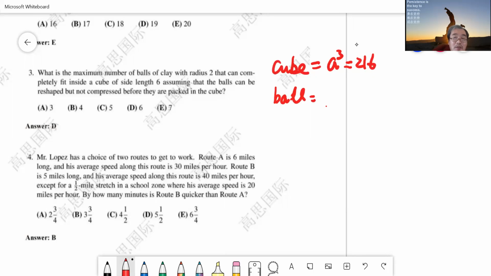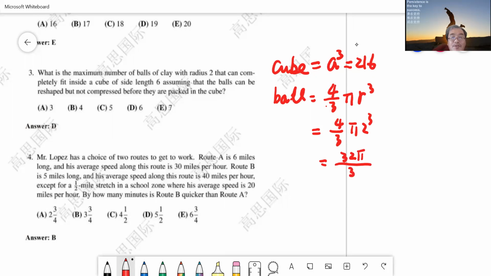So you need to know the volume of a sphere. That's actually equal to 4/3 pi r cubed. So then we just see this is going to be 4/3 times pi times 2 to the power 3, which equals 32 pi over 3.